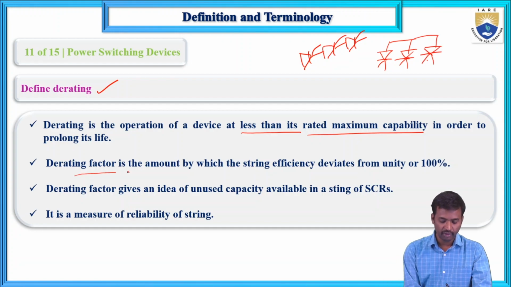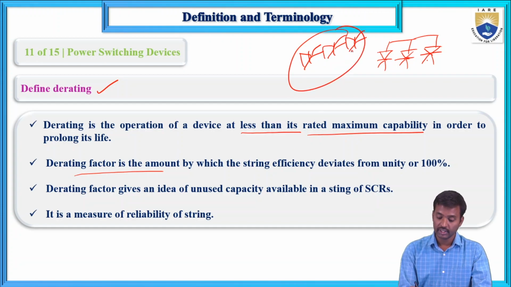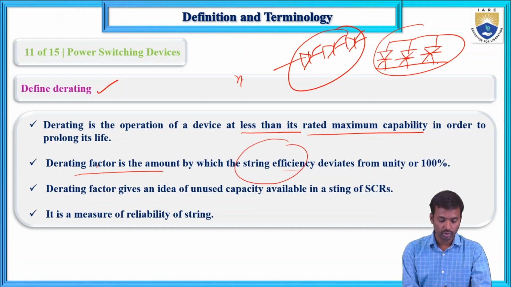This is one string, and we will calculate the string efficiency. The derating factor is the amount by which the string efficiency deviates from unity or 100%.